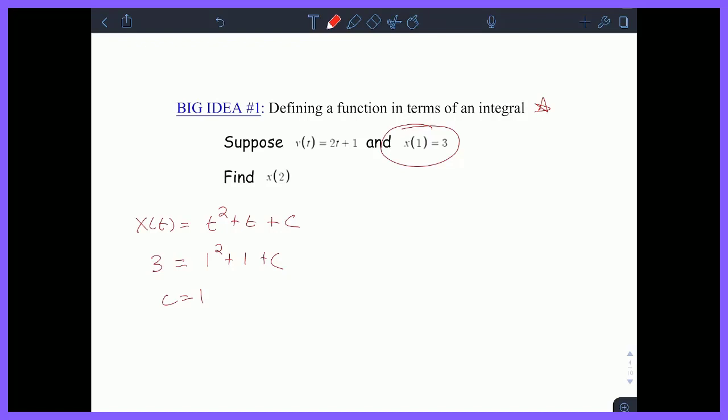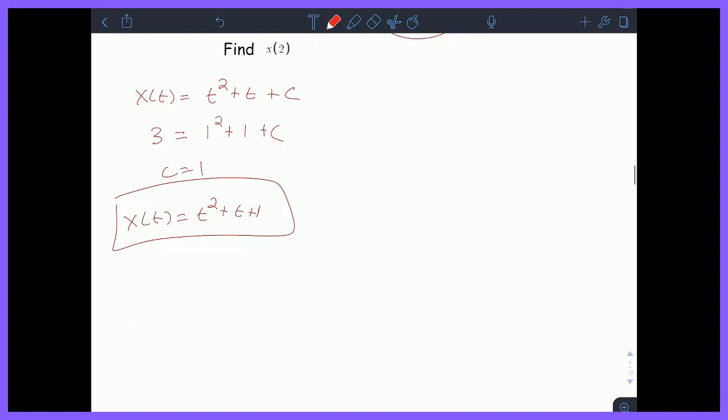Therefore position is just t squared plus t plus 1. This right here is position. So if I asked what the position is at 2, you would plug a 2 into this and tell me the answer is simply 7. This is how we used to do things.